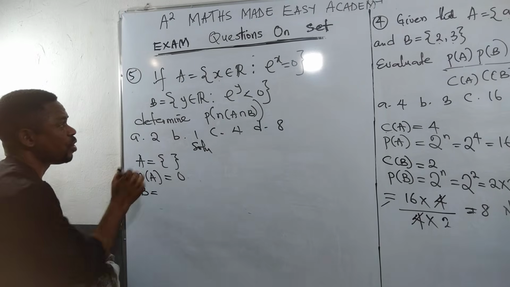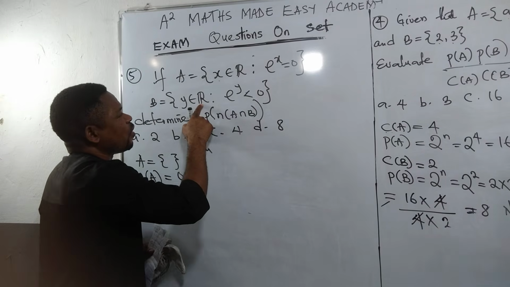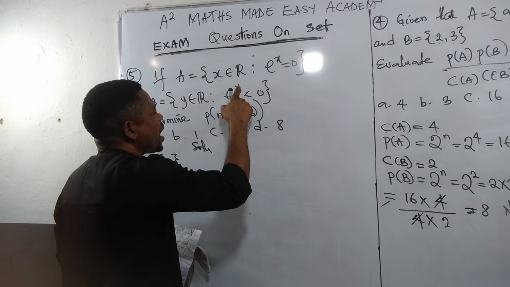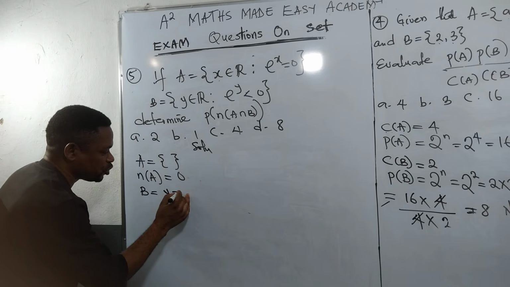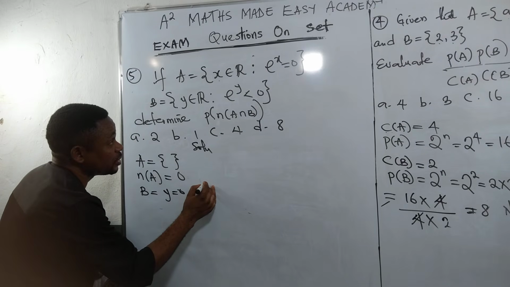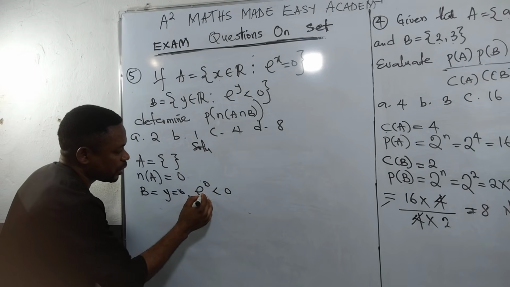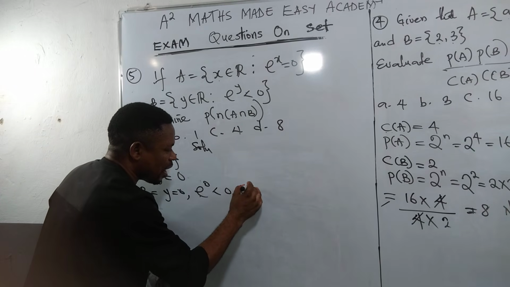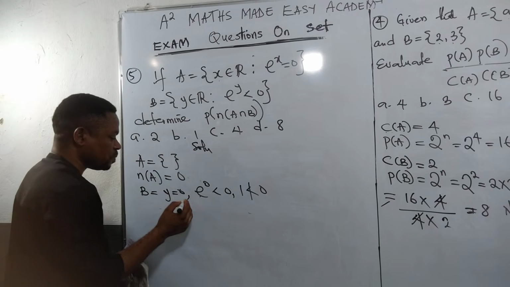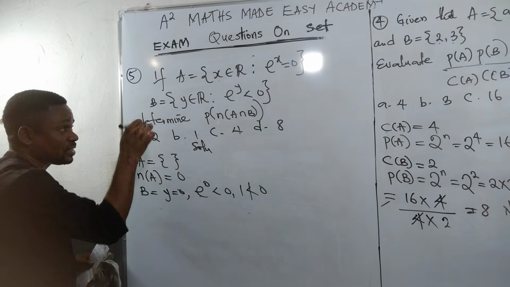I will now move again to set B. Watch again, be careful. y is a member of the real numbers such that exponential y is less than 0. There is no number. Let me assume y to be 0. I will have exponential 0, less than 0. You know that exponential 0 is 1, and 1 can never be less than 0. So 0 does not exist as a member.